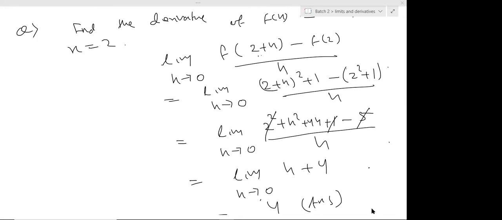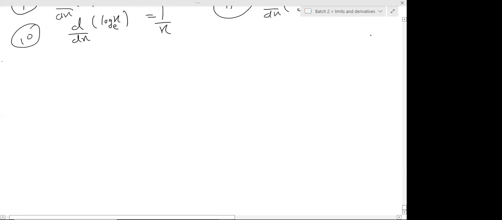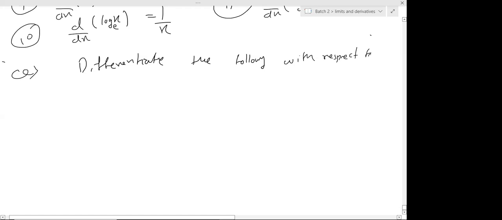All right, let's solve few questions. Differentiate the following with respect to x: x square plus sin x plus 1 upon x square.